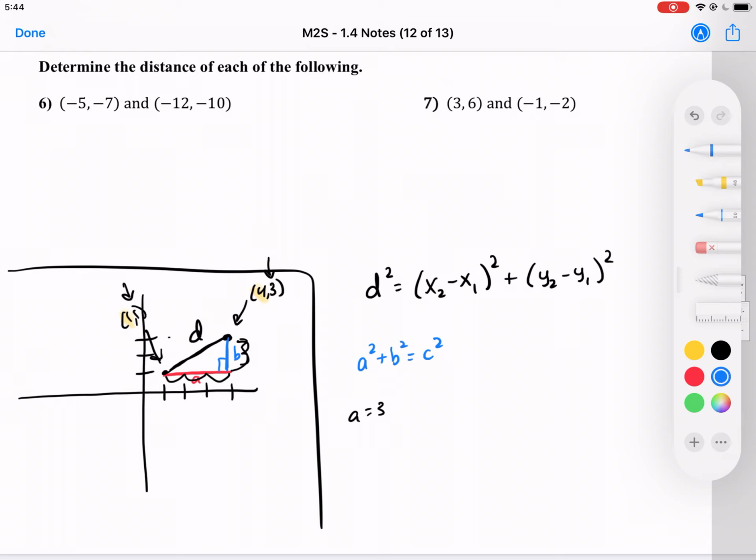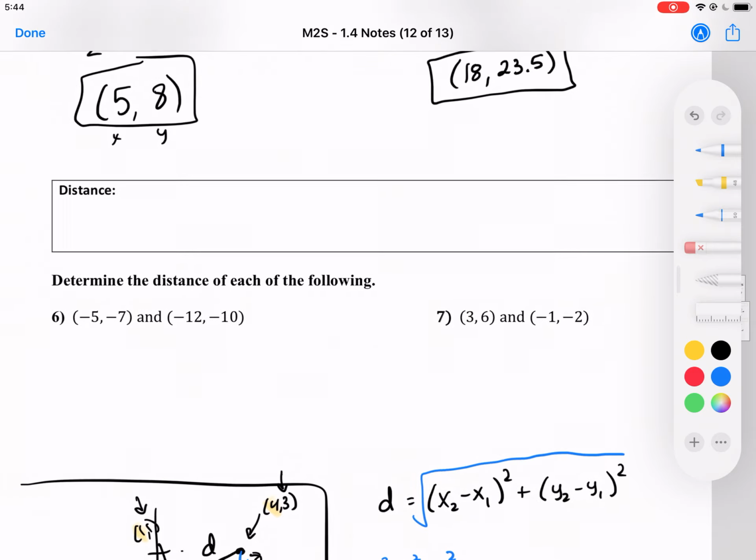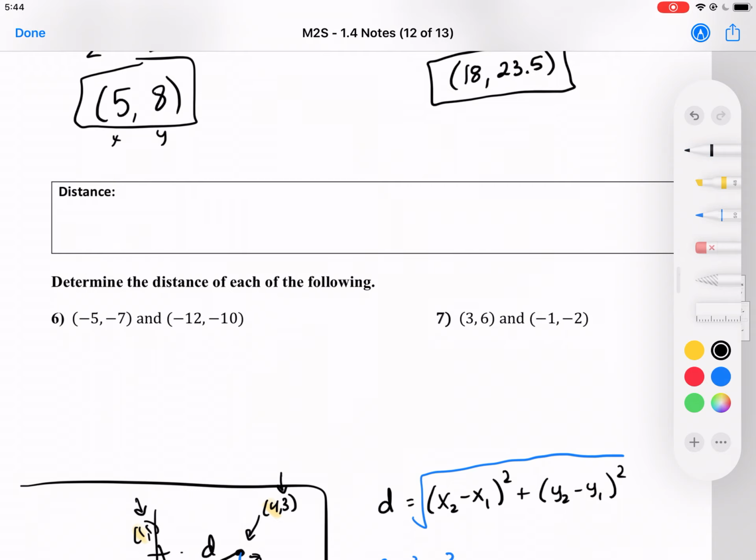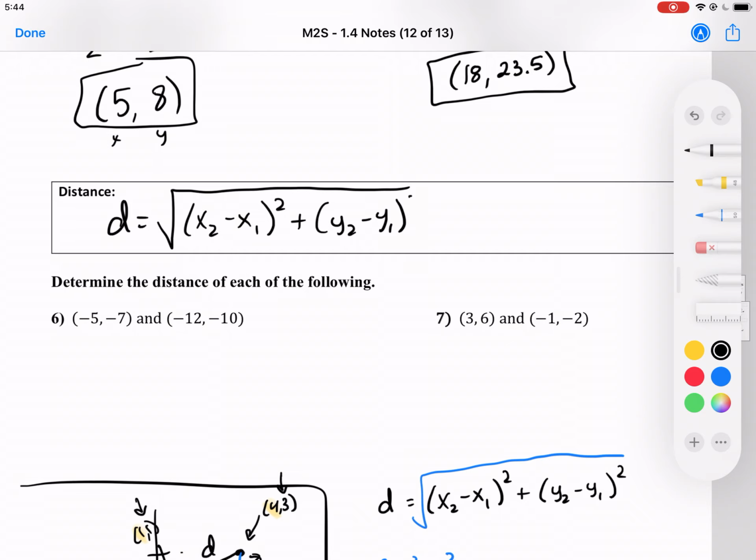And then usually they write it out like this. They just take the square root of all that, because we want just the distance, and a square root cancels out a square. So this would be your formula. I'm going to go ahead and write that up here. Our distance is always the square root of x2 minus x1 squared plus y2 minus y1 squared.